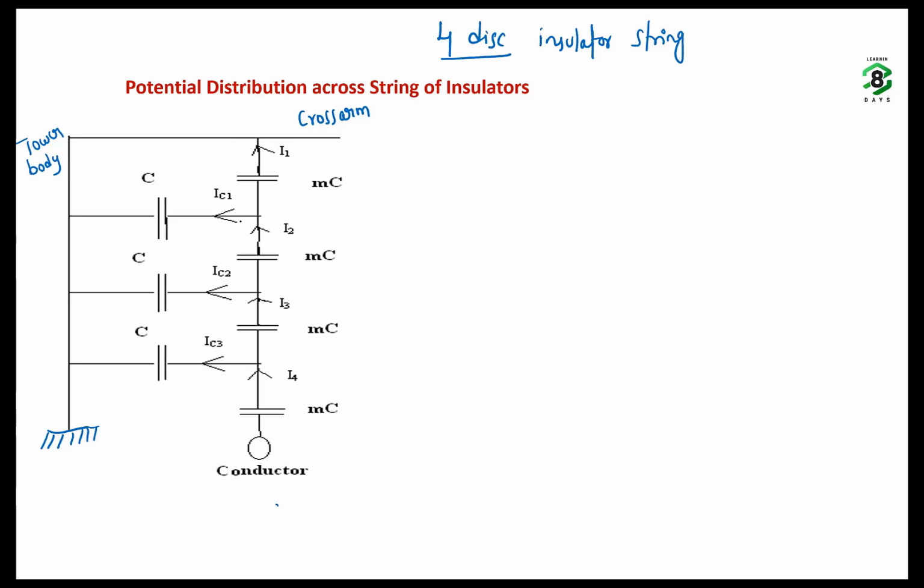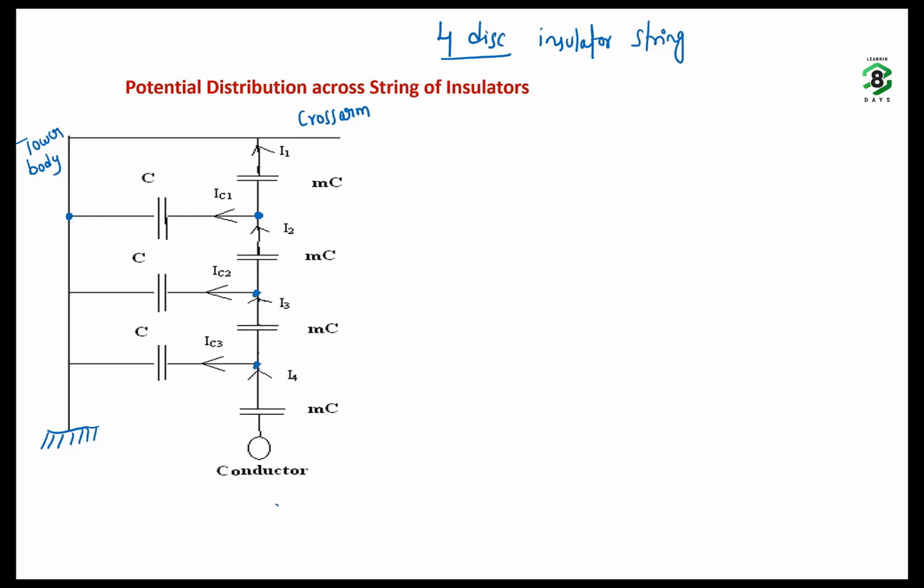IC1 is the capacitive leakage current flowing from the first pin junction to the tower body. Likewise, I1, I2, I3 and I4 are the currents flowing through the respective disks, and IC1, IC2 and IC3 are the capacitive leakage currents flowing from the metallic pin junctions to the tower body.